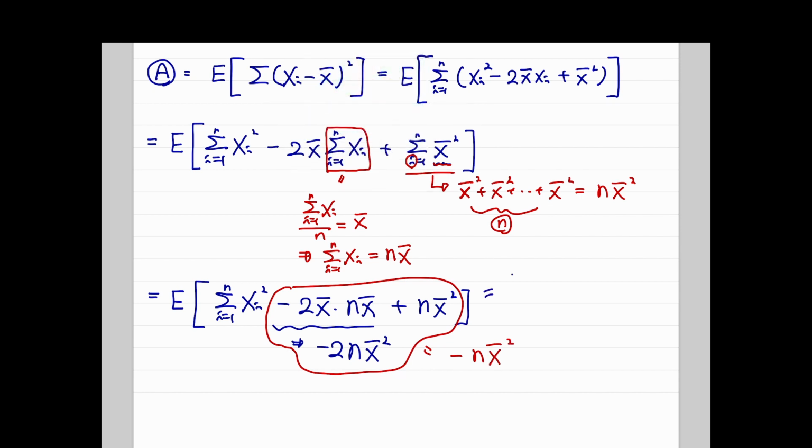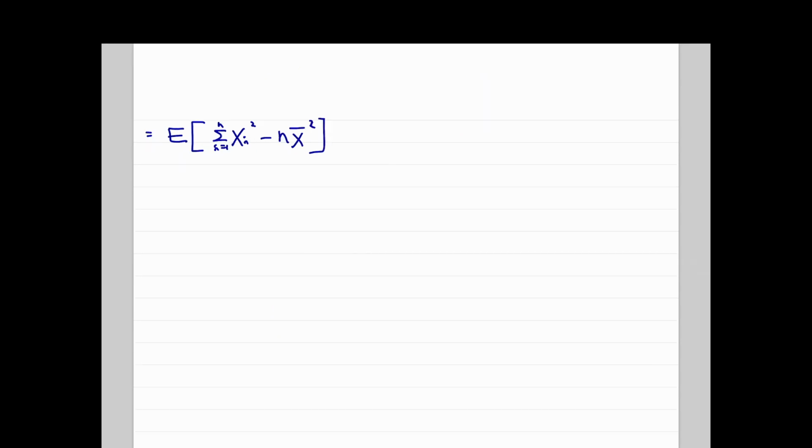So it is equal to the expected value of the sum from i equals 1 to n of xi square minus n x bar square.